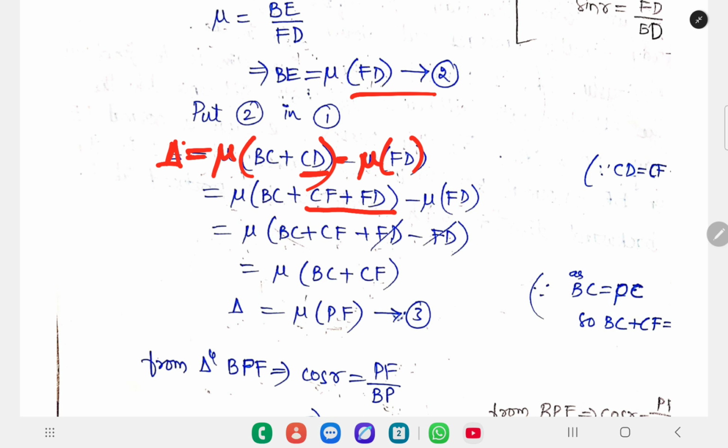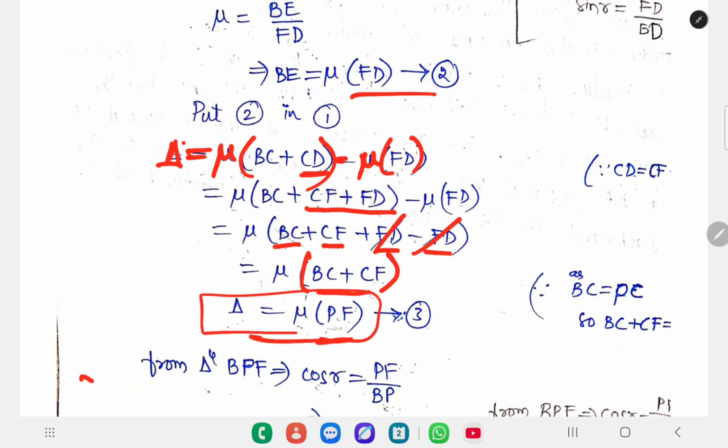So delta is mu (BC plus CF plus FD) minus mu FD. FD cancels out, and what remains is mu into (BC plus CF). From the diagram, BC plus CF is PF. Let this be equation number 3.